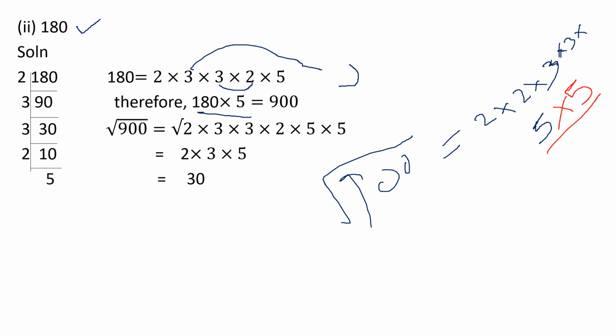Now 5 also became a pair. Write one more extra 5. Like that you keep in mind. Now 2 is a pair, so take 1, 2 outside. 3 is again a pair, take 1 into 5. So 2 3s are 6, 6 into 5, 6 5s are 30. So you got the answer.